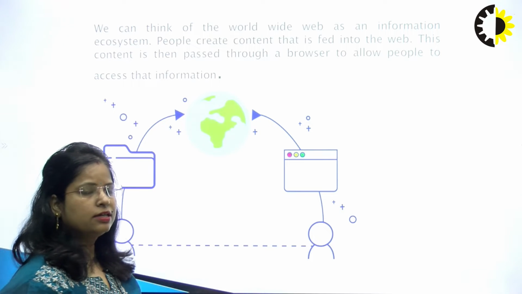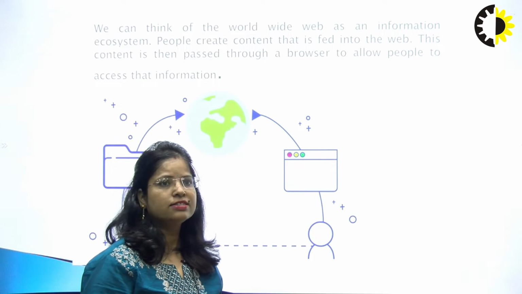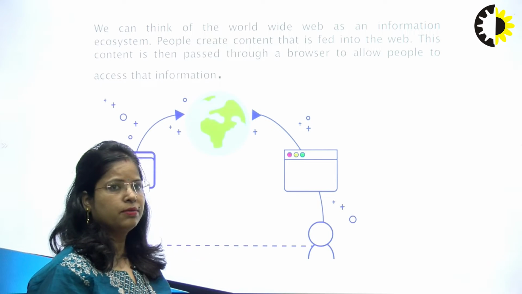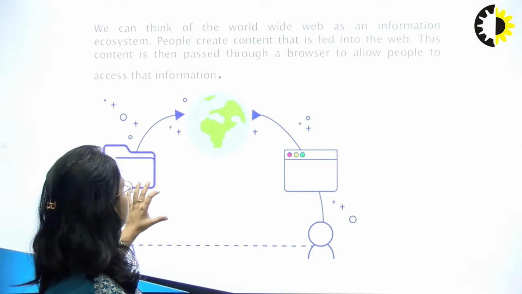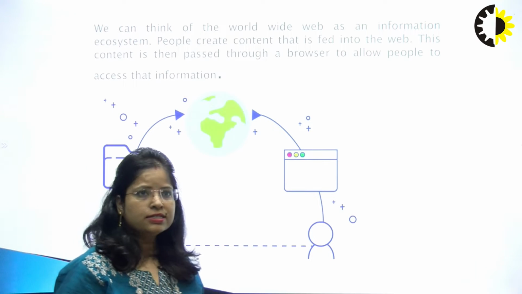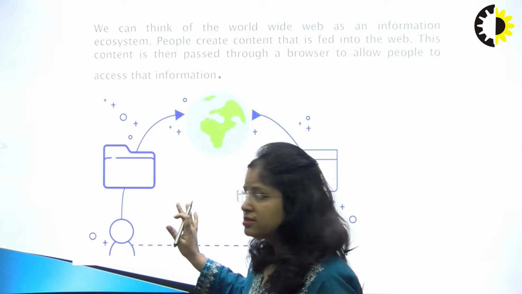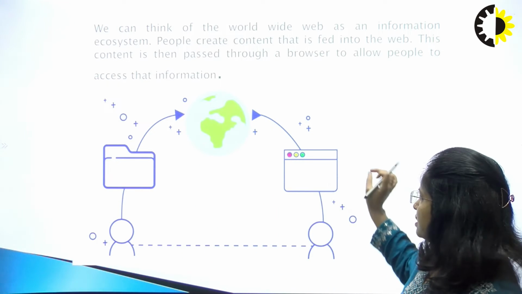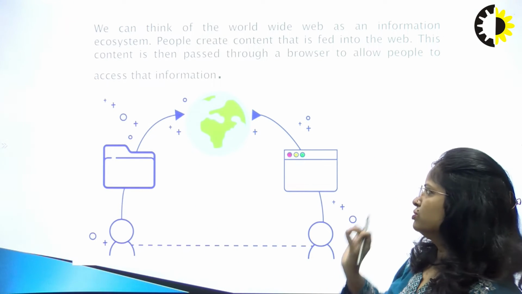So, we can think of the World Wide Web as an information ecosystem. People create content that is fed into the web, and this content is then passed through some browser to the other user.